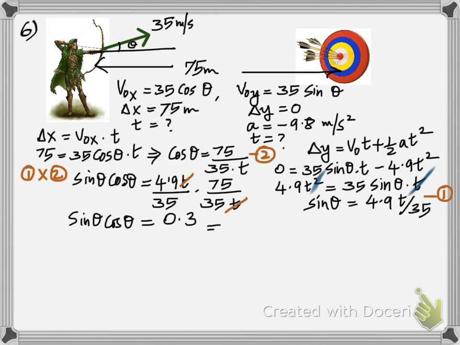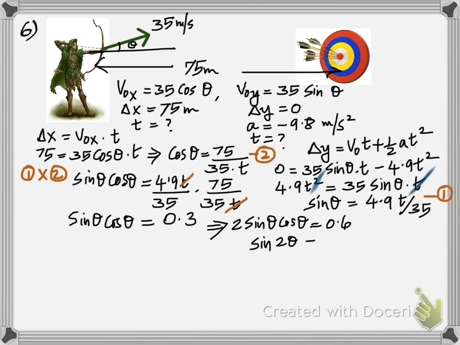Remember, sin theta cos theta can be written as 2 sin theta cos theta divided by 2. What I did here is I multiplied both sides by 2, so 2 sin theta cos theta becomes 0.6.